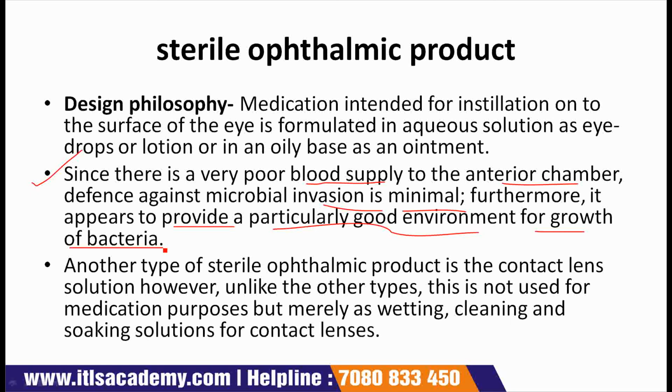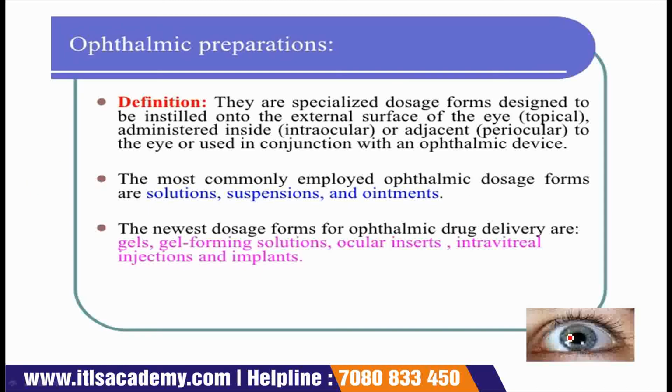Eye products should also be relatively free from particles which might cause damage to the cornea. As you can see, this is the outer layer of the eye. It is known as cornea.